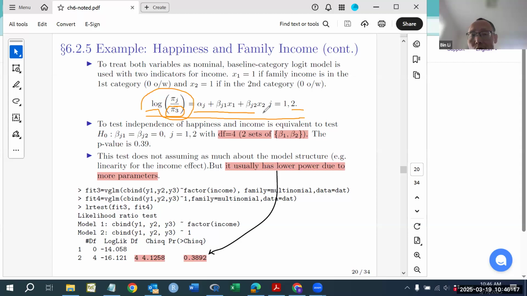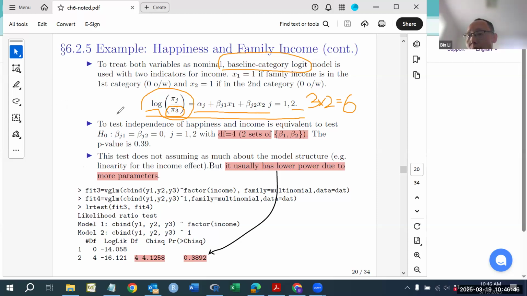So how many parameters do we have? For each model, we have 3, right? We have 2 models, so in total we have 6 parameters. That's for the baseline category logit model. But what about the proportional odds model?